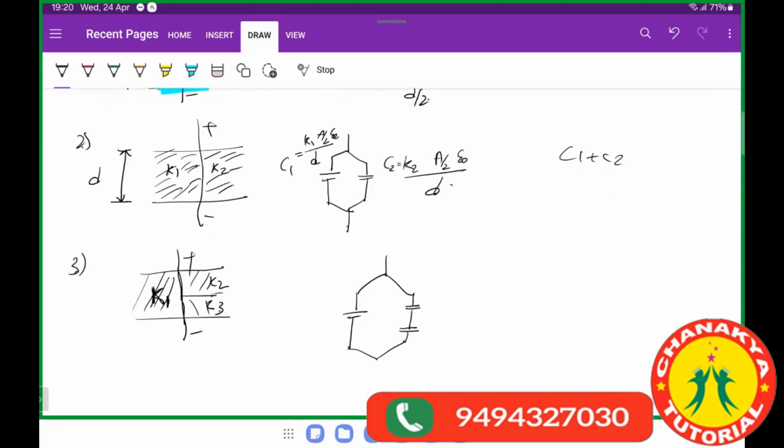For K2 and K3 the distance will be D by 2, for K1 it will be D. For area, K1 will be A by 2, and K2 and K3 will also be A by 2, the remaining half.